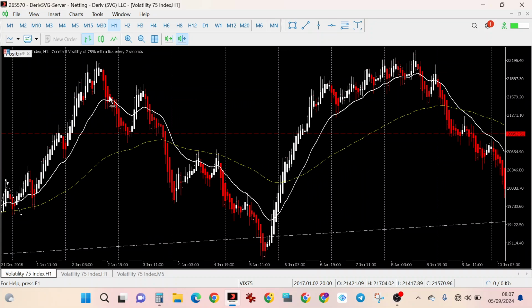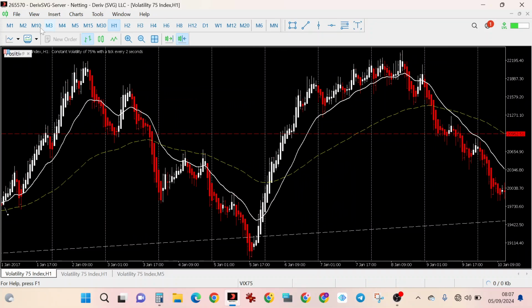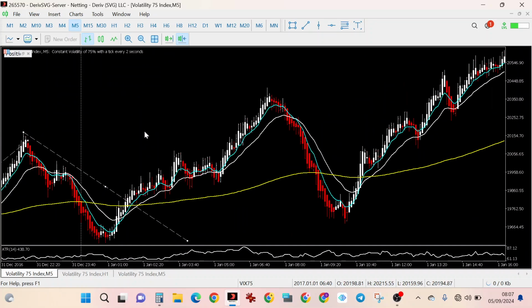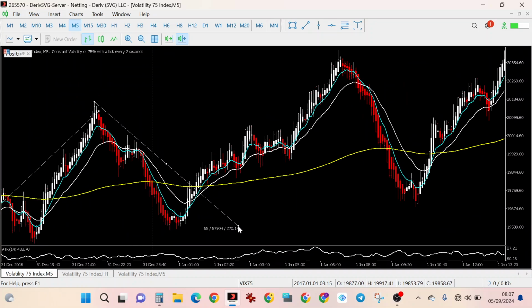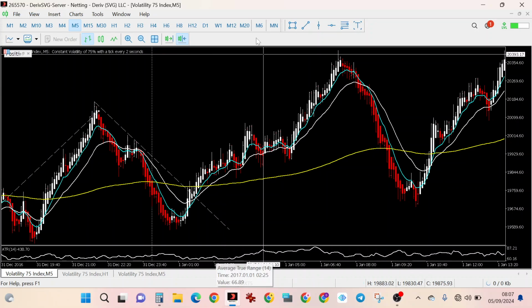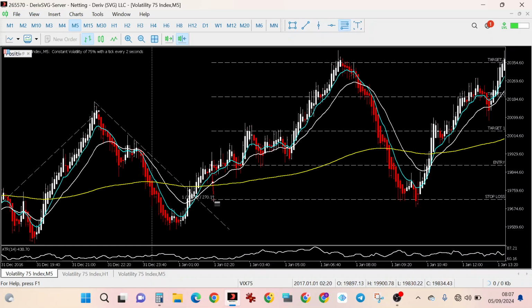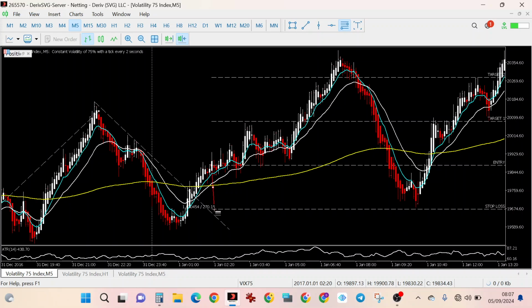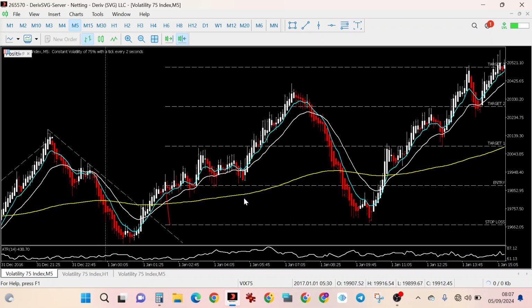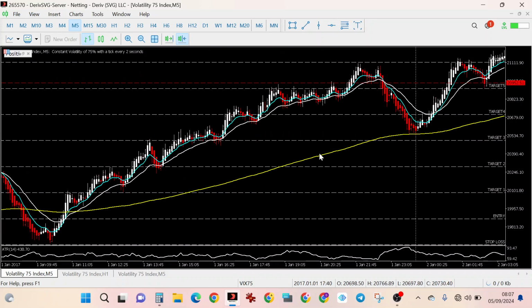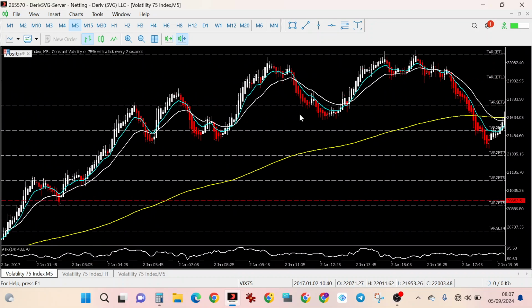So we have another one. So for this now, okay, you take an entry here, stop loss below there, and then I think this one went well, around 10 times your risk.